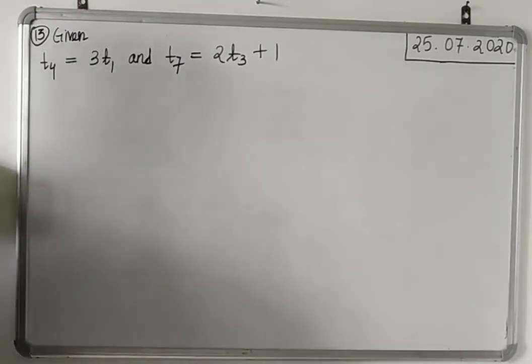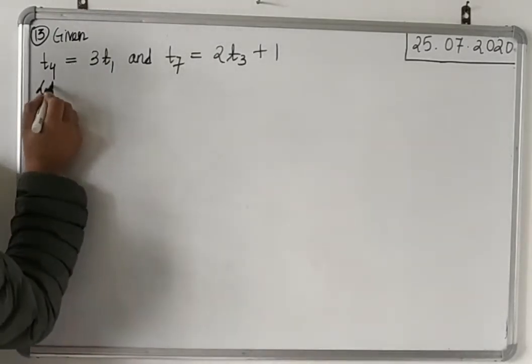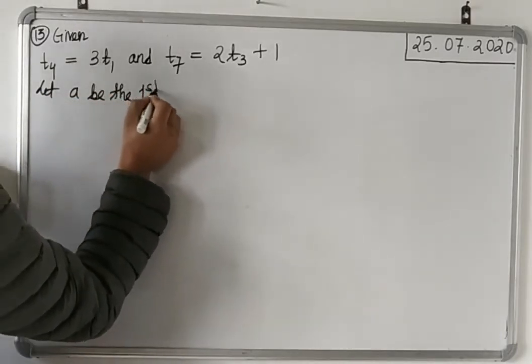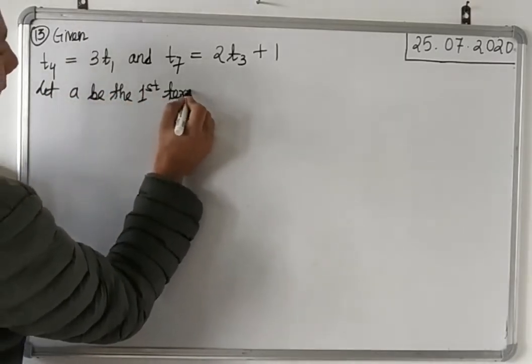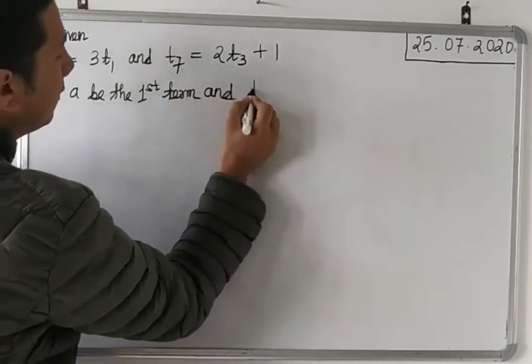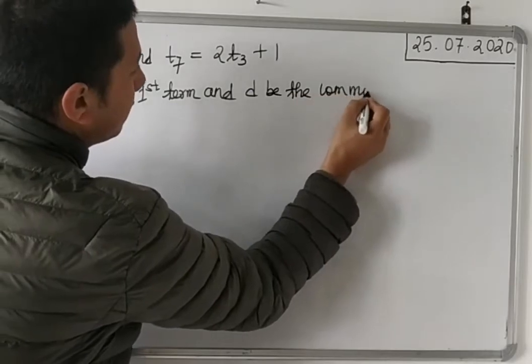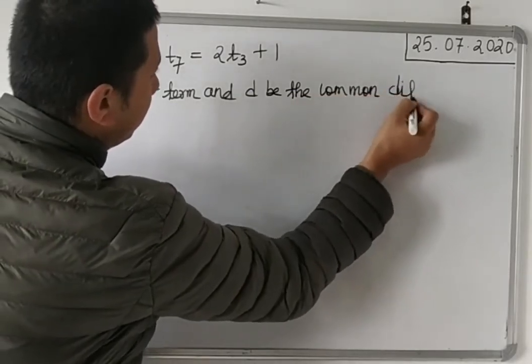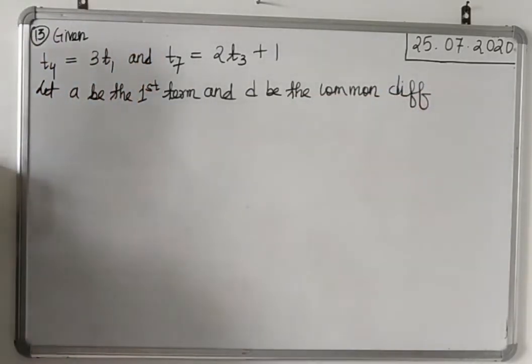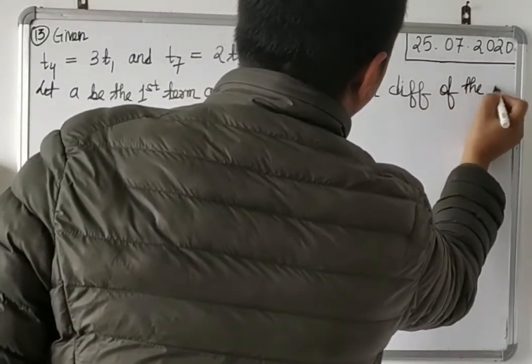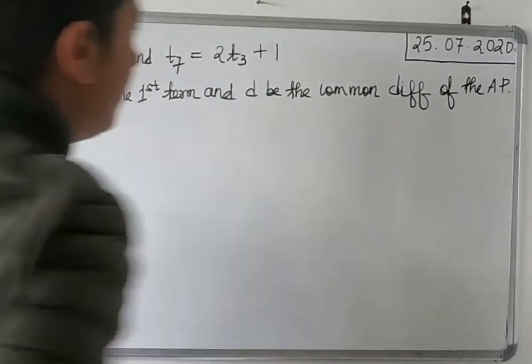As we don't know them, let us start with an assumption. Let A be the first term and D be the common difference of the arithmetic progression.